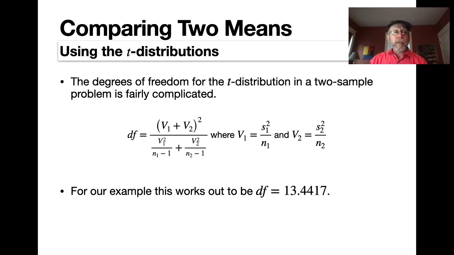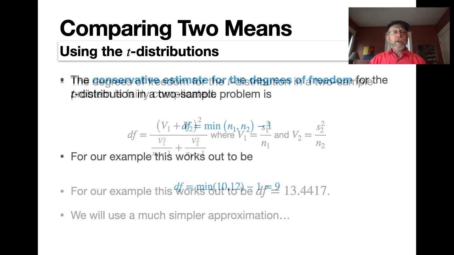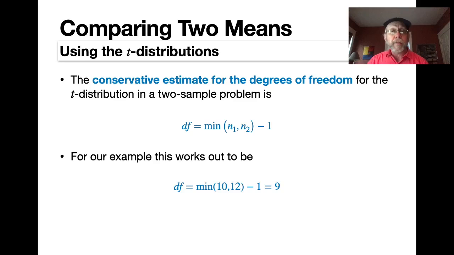But for our calculations and for purposes of getting familiar with the concepts, we're going to use a much simpler approximation. It's called the conservative estimate for the degrees of freedom. And what it involves is simply taking the minimum of your two sample sizes and subtracting 1. And we'll use that for our degrees of freedom.